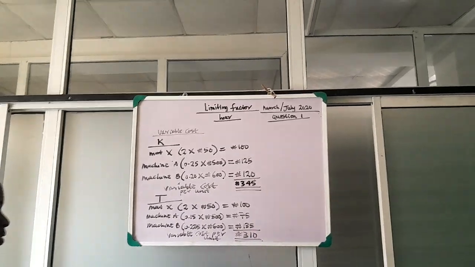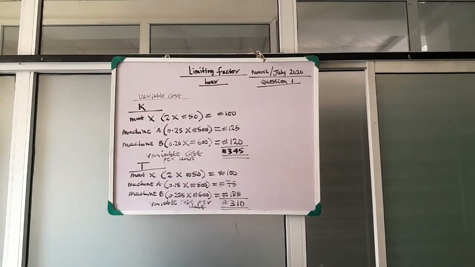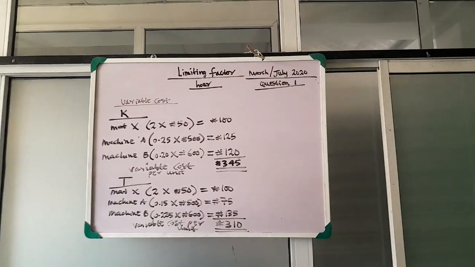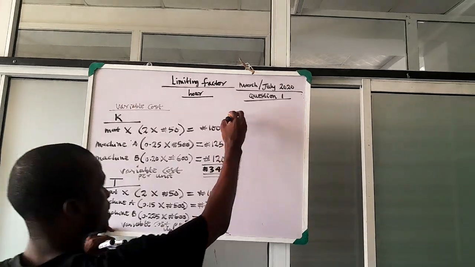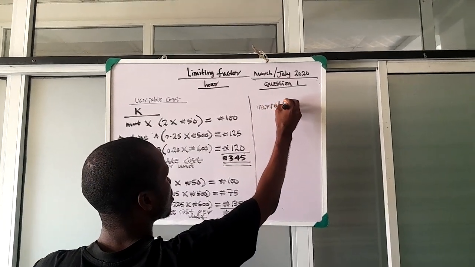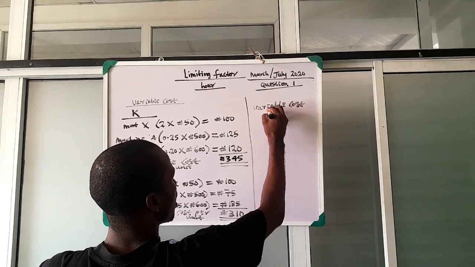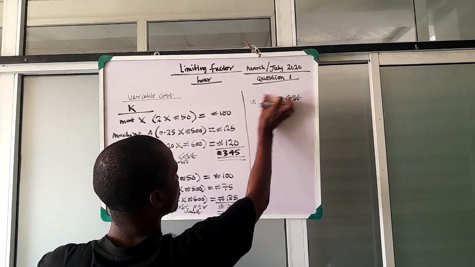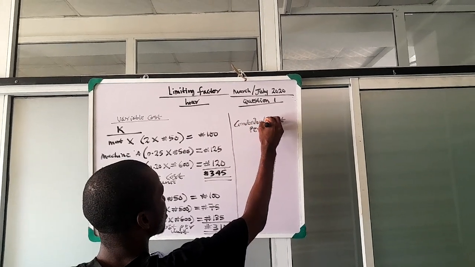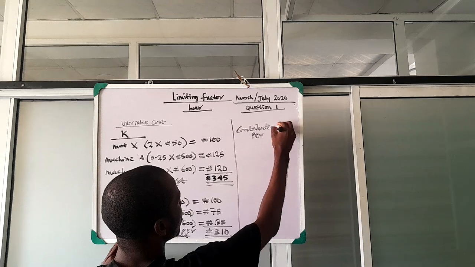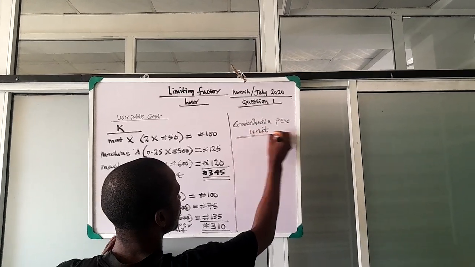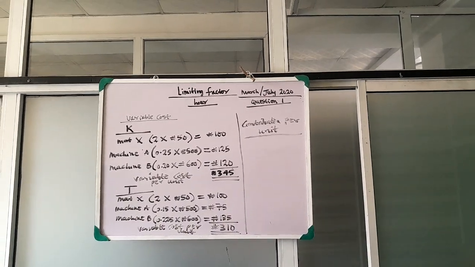So we have gotten the individual variable costs for K and T. Now, to get the contribution per unit, I think I'll squeeze in here. The contribution per unit we take for each of the products.